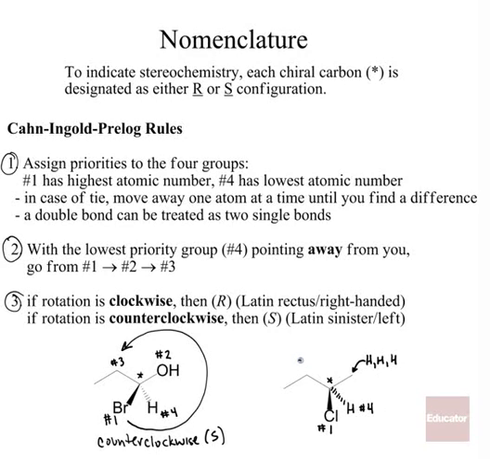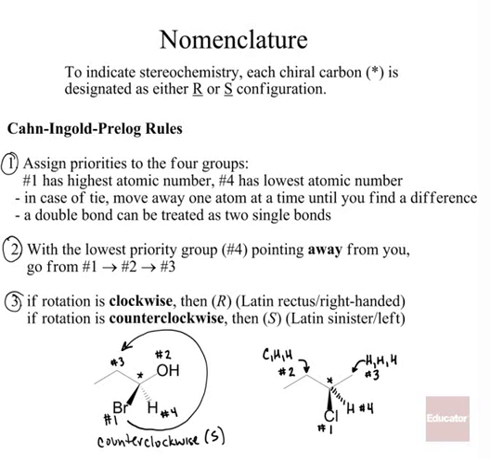Let's come over to this carbon and ask the same question. What are the 3 bonds to this carbon? Well, this has a carbon and then a hydrogen and a hydrogen. So now we've broken the tie, and once again we look to the atomic number, which has the highest atomic number. This carbon beats out the hydrogen, so this is going to be group number 2, and this is going to be group number 3.